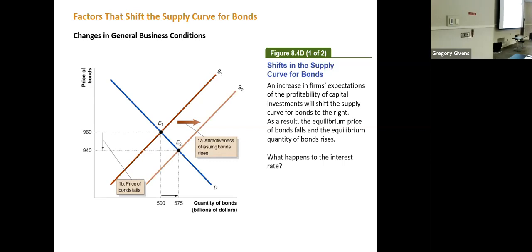So when the economy is in an upswing, business conditions are looking positive, firms want to take advantage of that economic landscape in order to try to borrow more to finance these profitable investment opportunities. And they're going to be more willing to borrow, supply more bonds to primary markets, lowering equilibrium prices, and therefore raising yields.